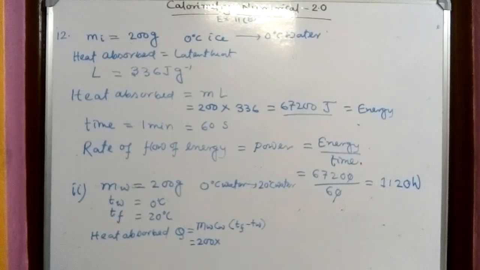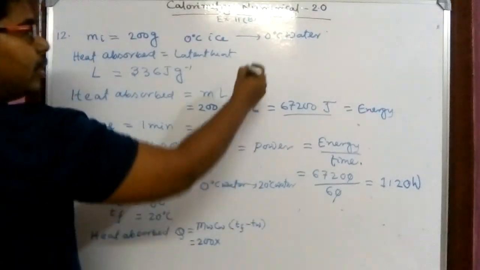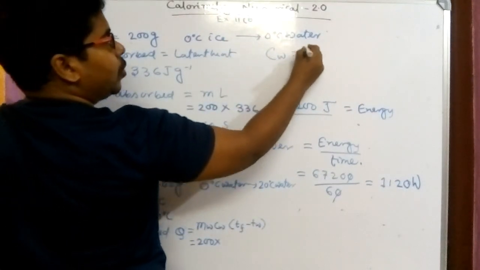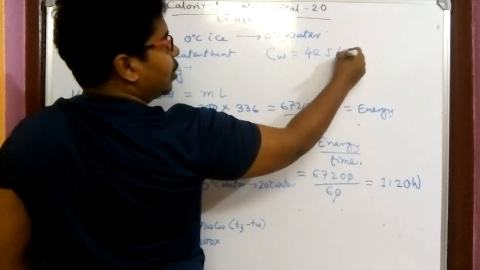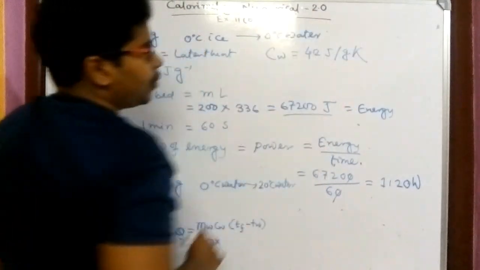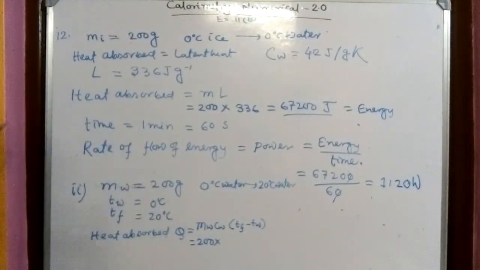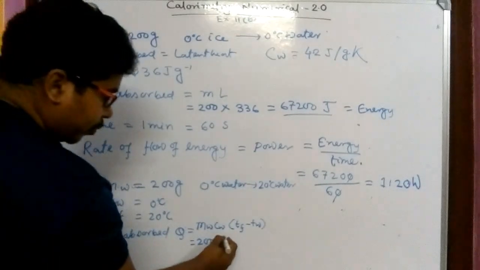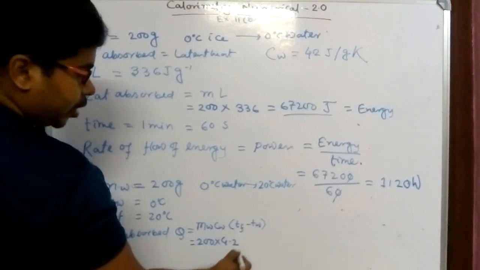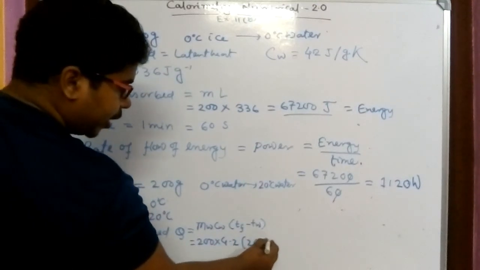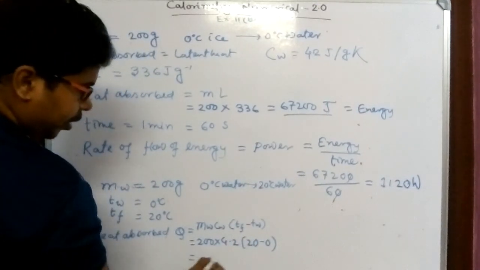Though it is not given here, you know that specific heat capacity of water, CW equals 4.2 joule per gram Kelvin. That you have already done in several numericals. So here you have to mention 4.2. And TF minus TW is 20 minus 0, so it is 20.